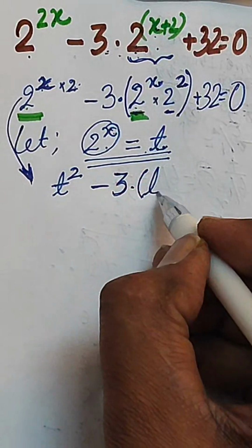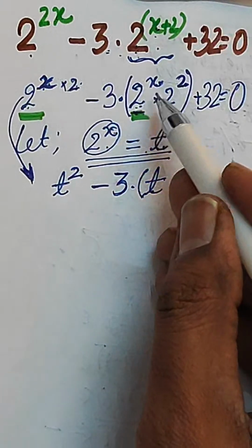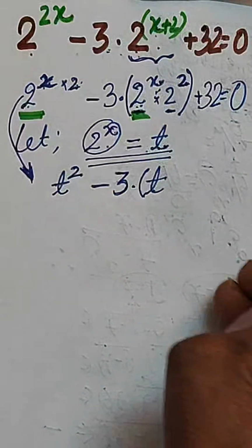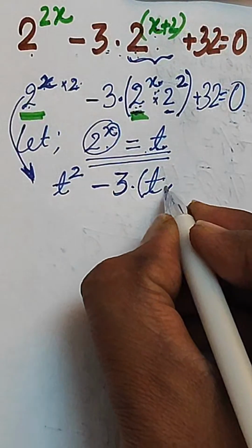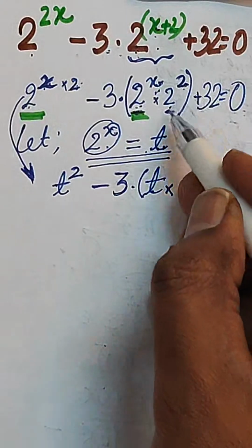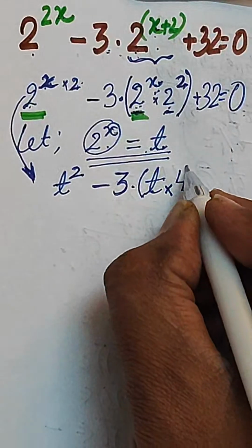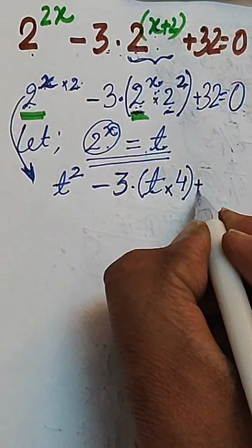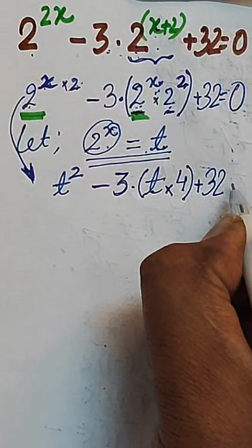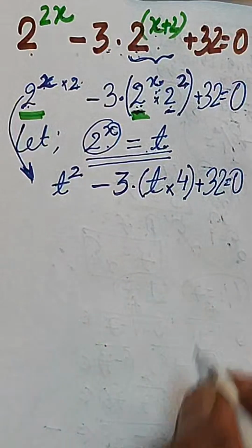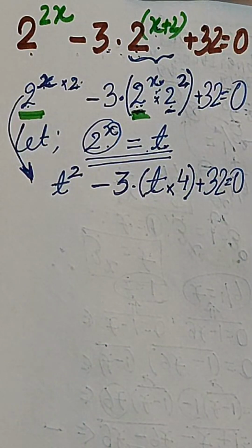So write t in place of 2 power x, multiplied with 2 square. What is the value of 2 square? That is 4. Simple, just convert it. 4 plus 32 is equal to 0, right?